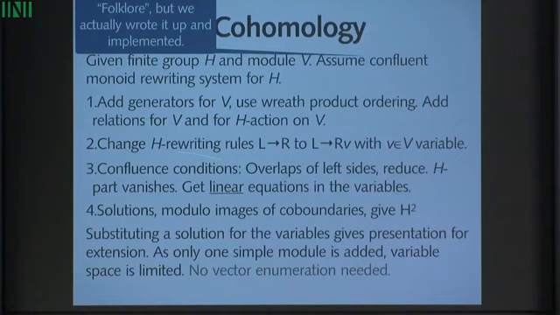The confluence conditions are overlaps of the left-hand side of the rules reduced. If you have two rules whose left-hand sides can overlap, you can have something you can reduce with the one rule or the other rule, and the image needs to be the same. We are doing this, and there is a theorem, that's the Knuth-Bendix algorithm, which says that if they all reduce in the same way, the system is confluent. You have normal forms.